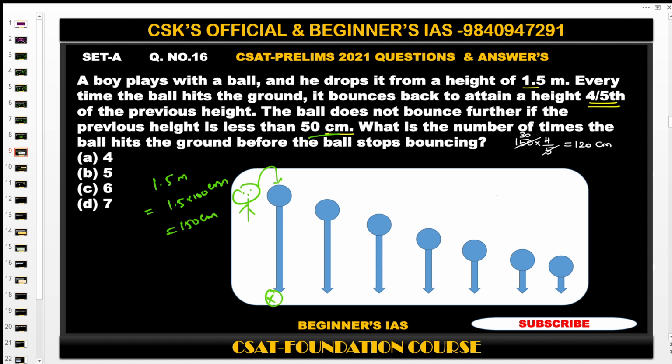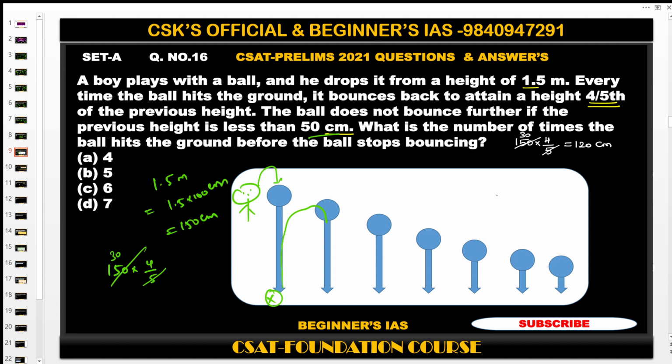Then after this, let us check here. 150 times 4/5: 30 times 4, therefore 120. 120 is greater than 50, therefore the ball comes back up, then falls again.